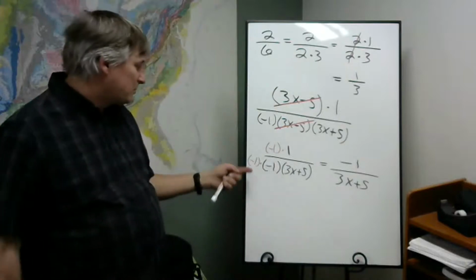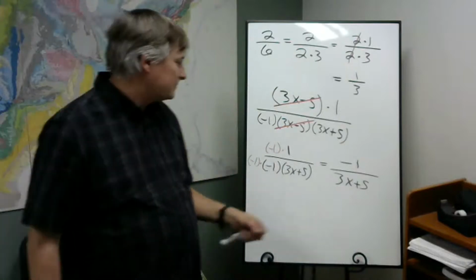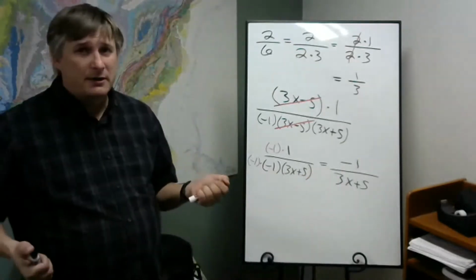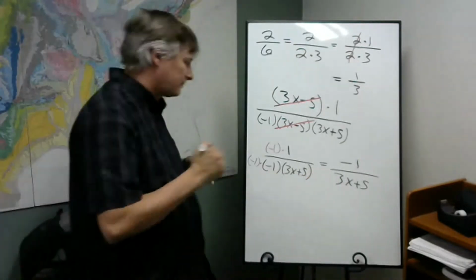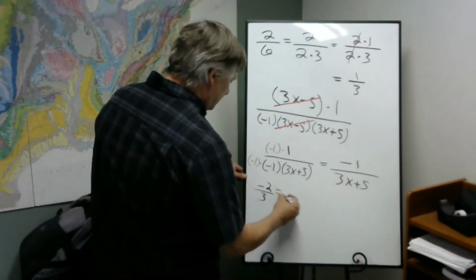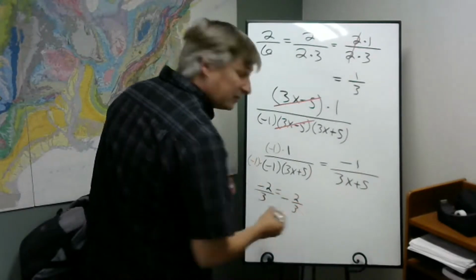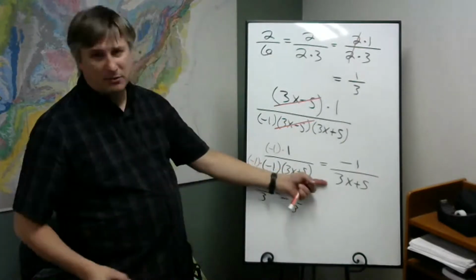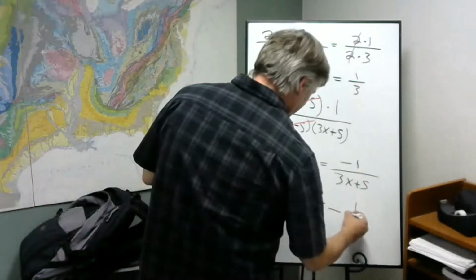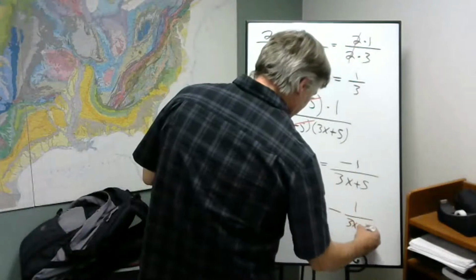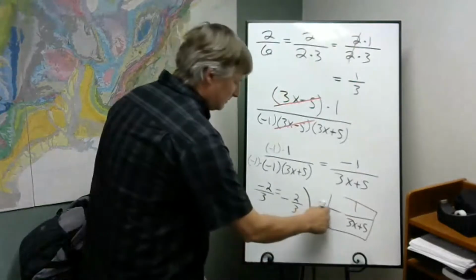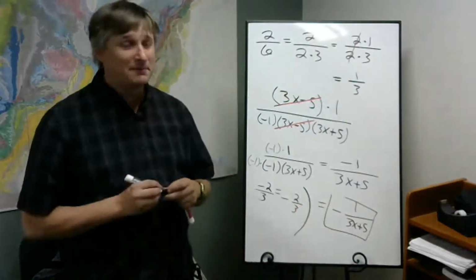Multiply top and bottom by negative 1, so we have the negative on top. And the way we usually write a fraction like negative 2 over 3, you write it as negative 2/3. Same thing here. We'll do something like that.